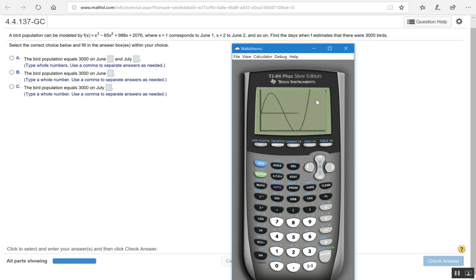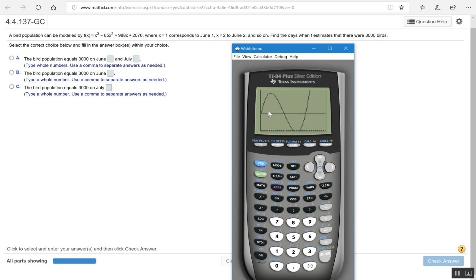That's the whole point of picking the window: I want to see clearly what my function is doing. Now, for what x value is the y value 3,000, in what month and what day is the population 3,000, and again 3,000? We see that it happens in 3 spots.